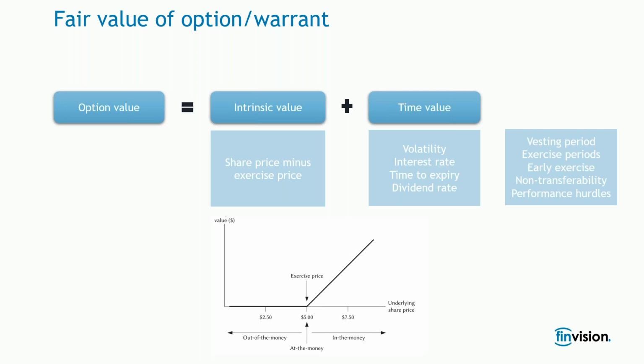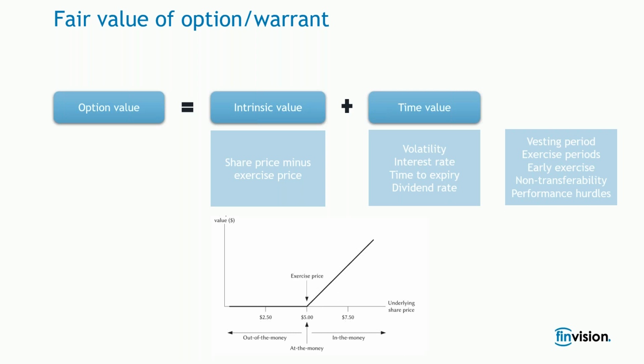But then you also have a time value, which is based on certain parameters: what is the potential of the shares, and what is the time value over the maturity of the option? A parameter that will significantly influence it is the volatility of the share price, which I will show you later on. The higher the volatility, the higher the time value.